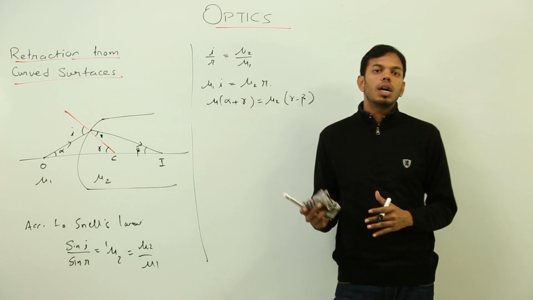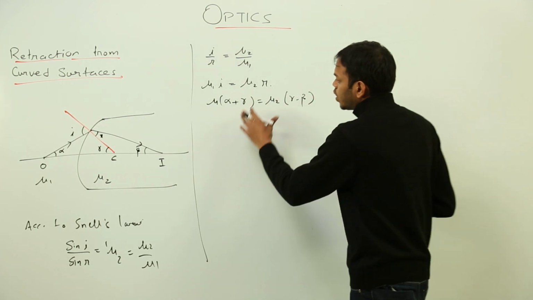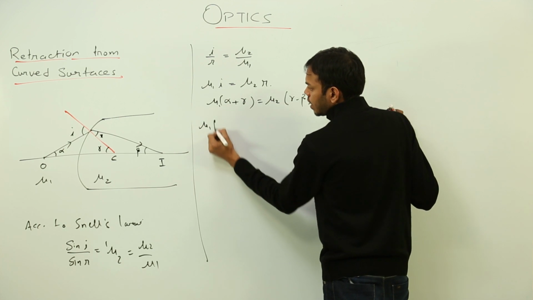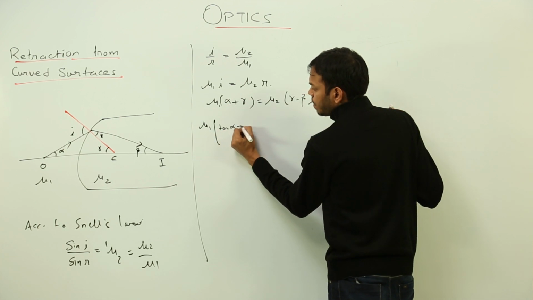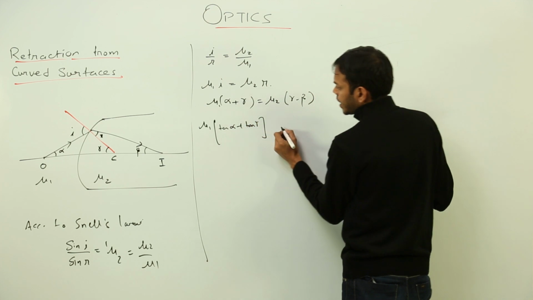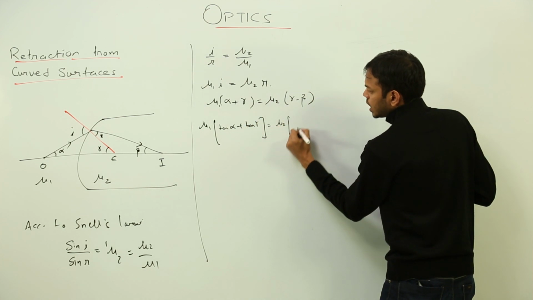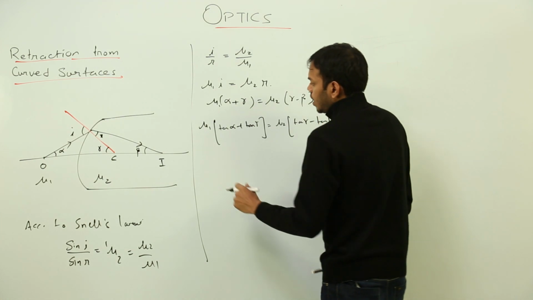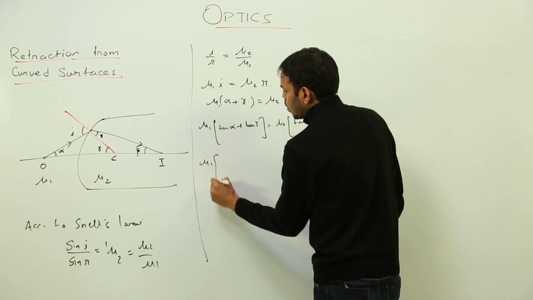And since these laws are also true vice versa, alpha can be written as tan alpha. So now I have mu 1 times (tan alpha plus tan gamma) equal to mu 2 times (tan gamma minus tan beta).